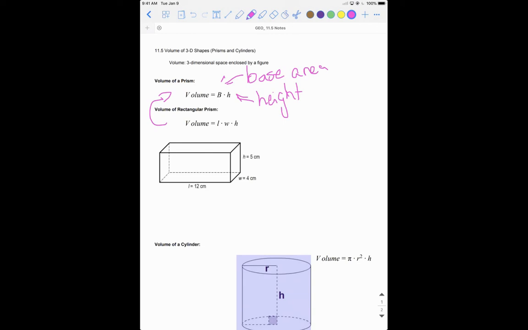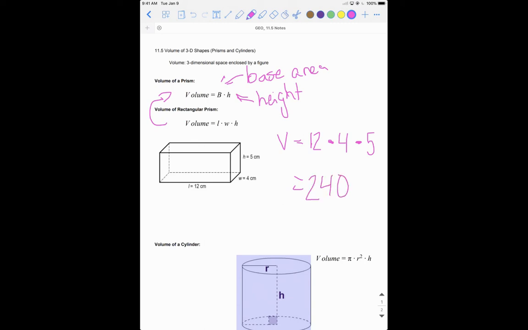So let's go through and we say volume equals length 12 times width 4, times height 5. And when we do that out, we get 240.